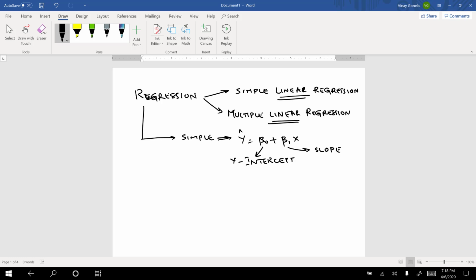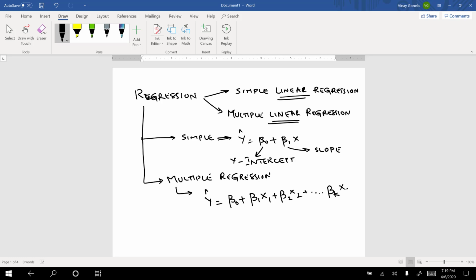In multiple regression, the equation would be somewhat similar. It would be the line. So in multiple regression, y hat, now we will have a y-intercept beta naught plus beta 1 x1 plus beta 2 x2 plus so on, beta k xk.